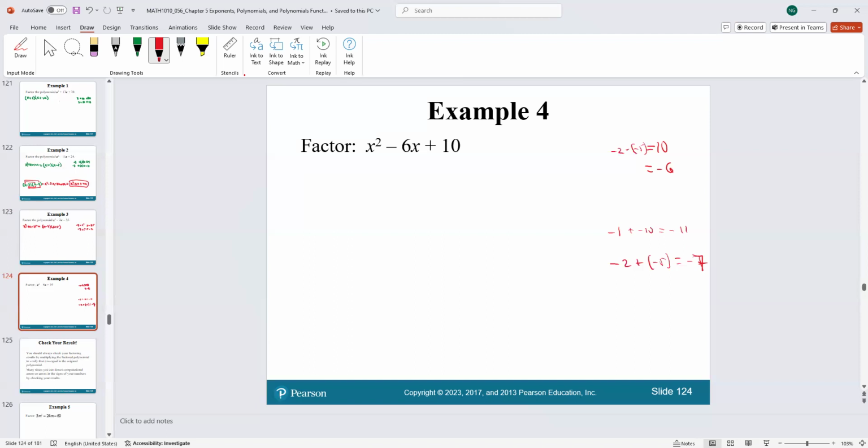Since there is no factor pair whose sum is negative 6, you can say that x squared minus 6x plus 10 is prime, or you can say it cannot be factored. It's prime.